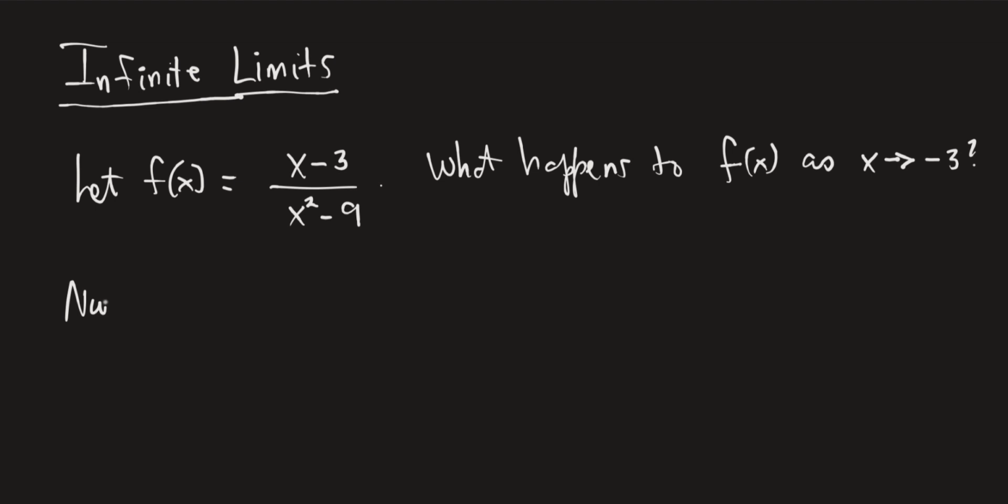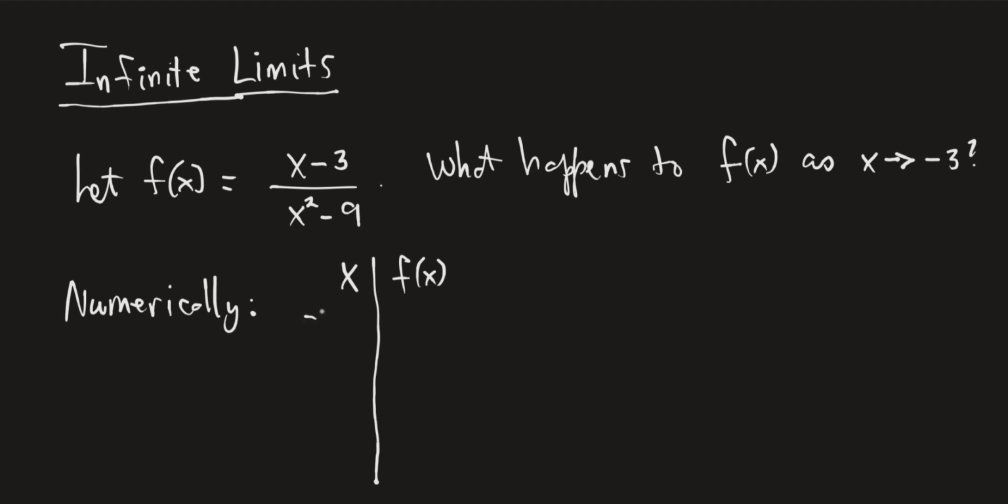So I'm going to make two tables, and we're going to look at the limit numerically. I'm going to make the tables vertical. Now, if we're approaching negative 3, we can approach negative 3 in different ways.